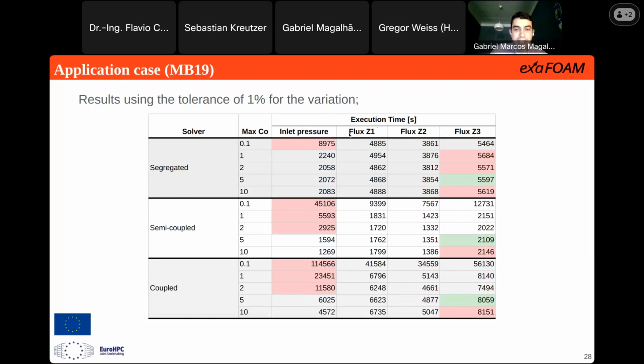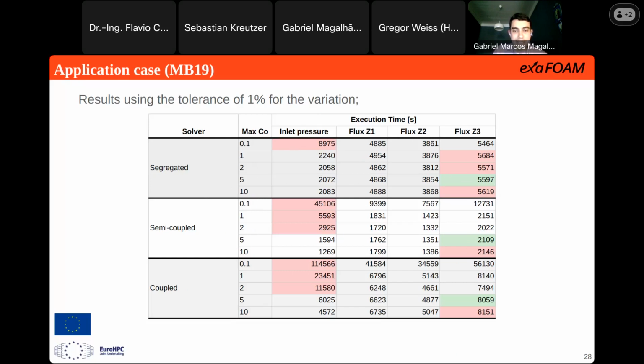This is the execution time to reach the convergence in each of the properties that we are analyzing. We ran these simulations using different values of Courant number, and the best result for all the solvers is observed using a Courant number of 5.